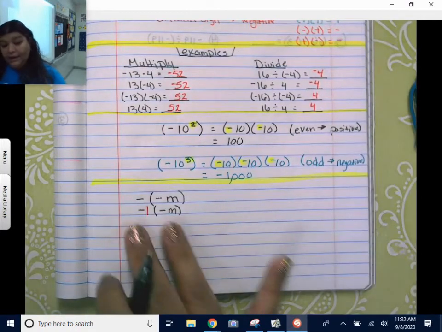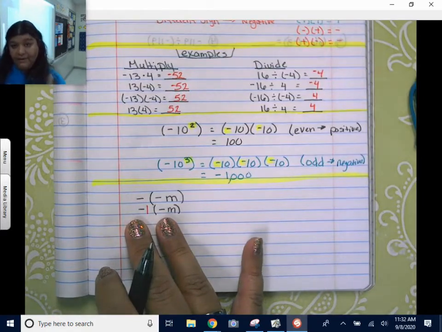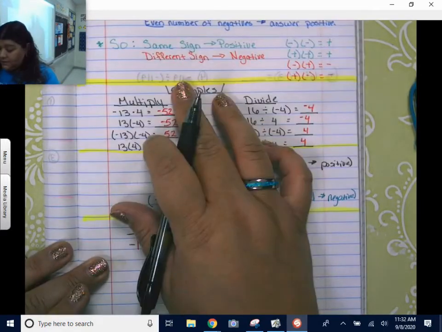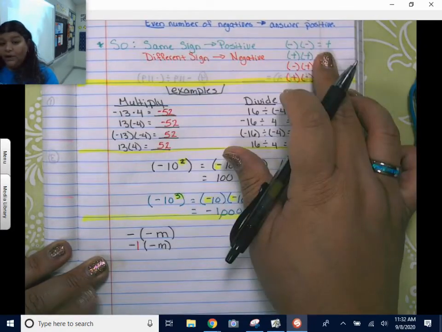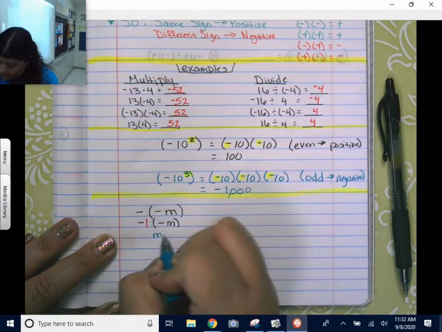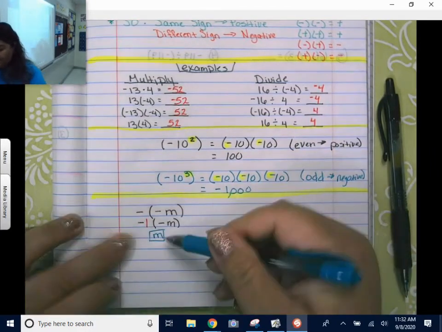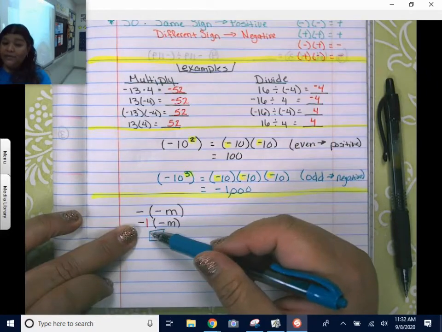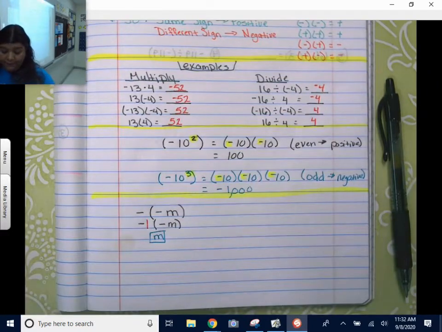So if you look at here, you're multiplying a negative times a negative. So your signs are the same. And if you remember, if your signs are the same, your answer will be a positive answer. So again, if you have a negative outside the parenthesis, that really means negative 1 times whatever's inside.